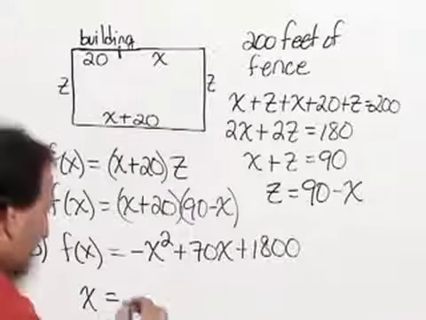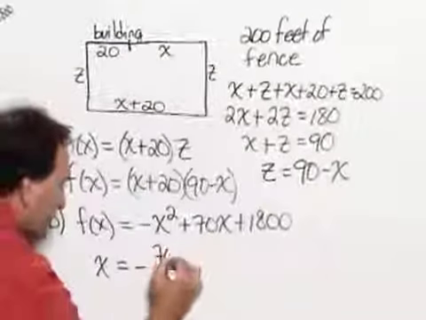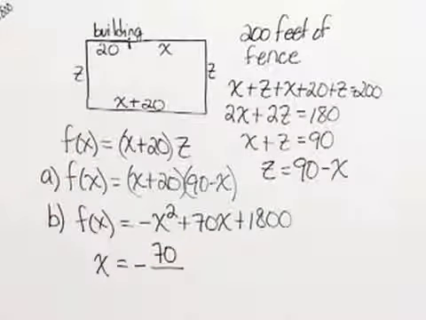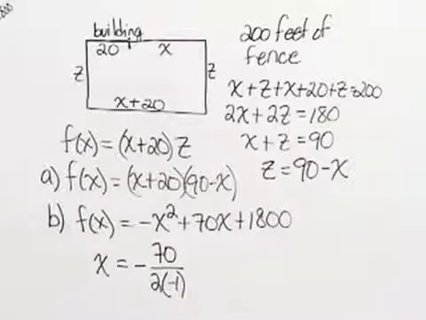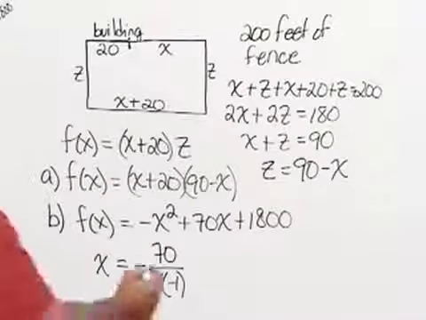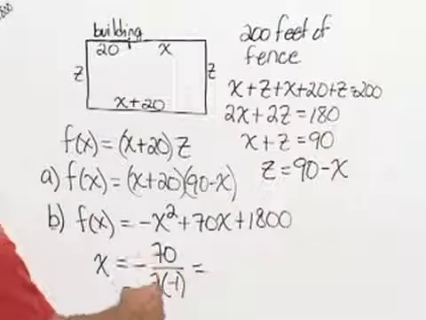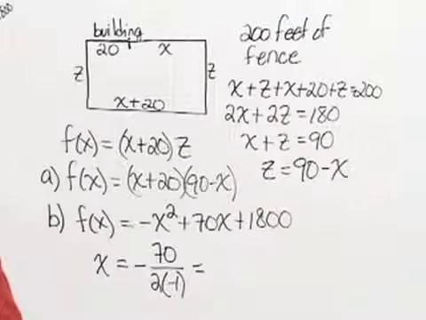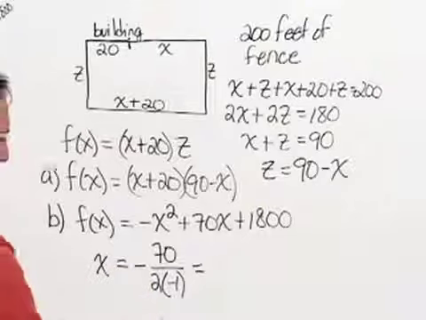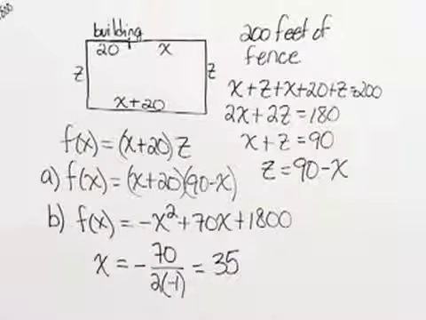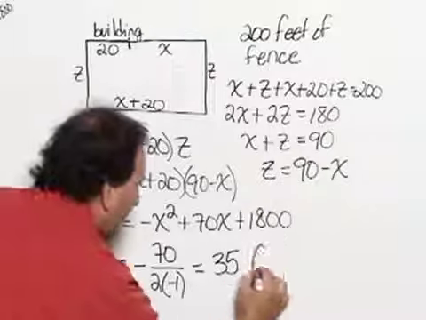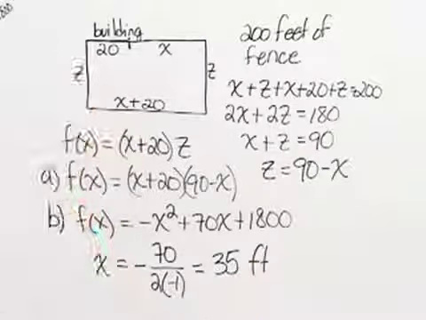That's equal to negative b, which is 70, divided by 2 times a, which is negative 1. So we would have 70 divided by 2 is 35. Negative divided by negative is positive. So we find that the length of fencing needed would be 35, and that's feet. And that would give a maximum area.